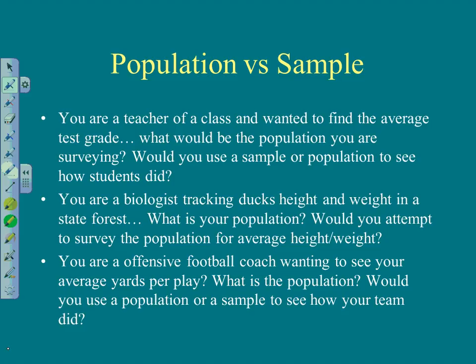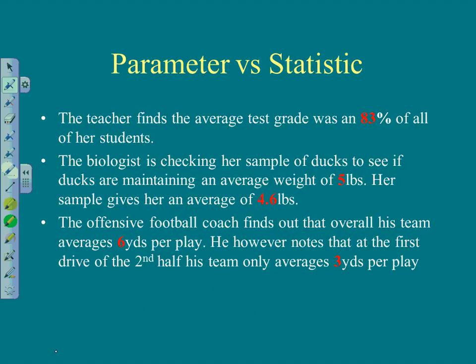Next one, let's talk about parameters versus statistics. So remember, parameters and statistics are numbers. So the teacher finds the average test grade was an 83% of all of her students. That was the teacher who averaged the test grade.